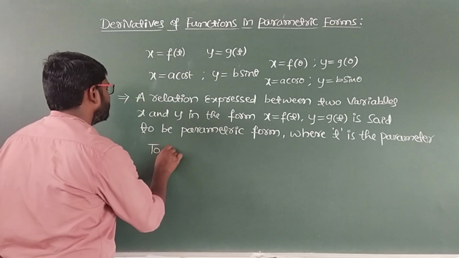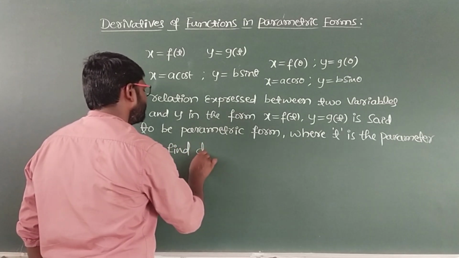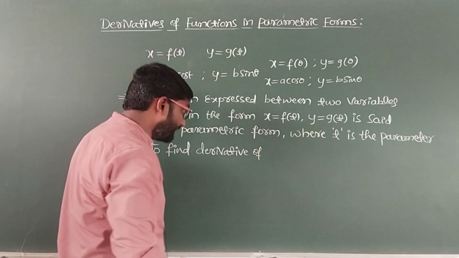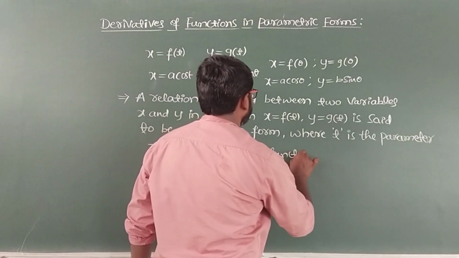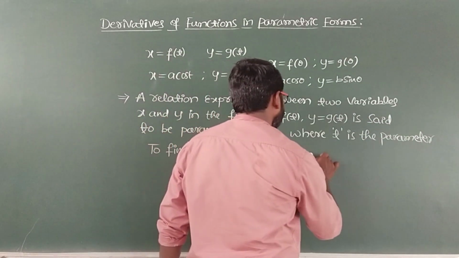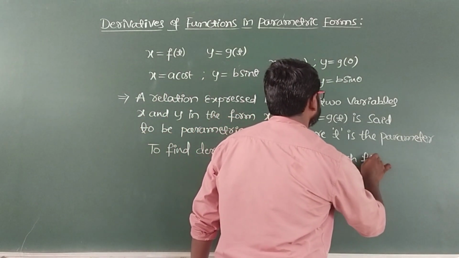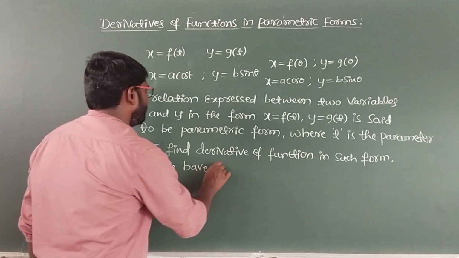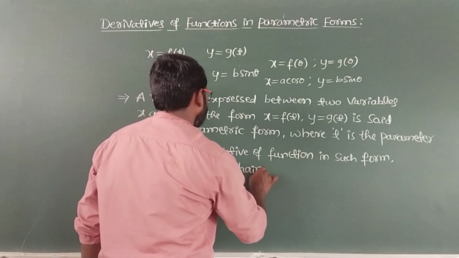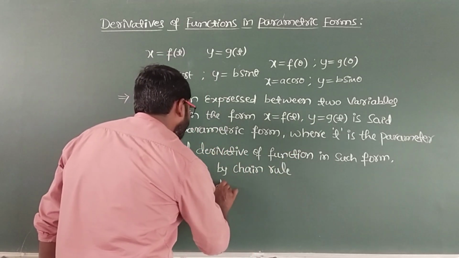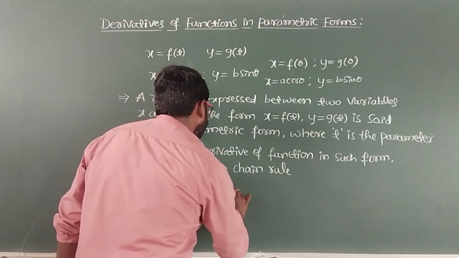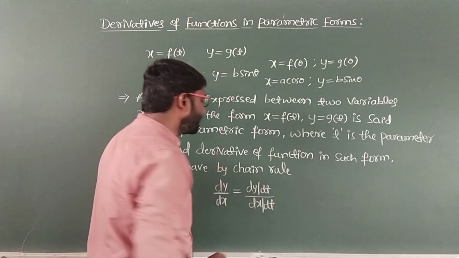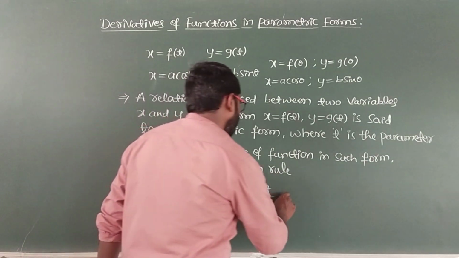So to find the derivative of function in such form, we have by chain rule, dy by dx is equal to dy by dt whole divided by dx by dt, provided dx by dt should not be equal to 0.